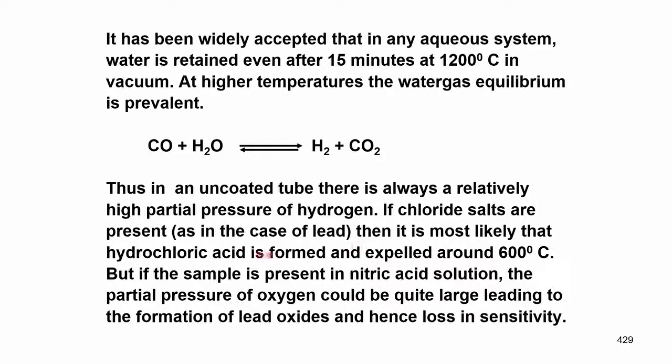Then it is most likely that HCl is formed, because whenever lead chloride decomposes into lead, chlorine gas is released, and chlorine will react with the hydrogen formed by this reaction inside the graphite tube, and hydrochloric acid forms. Hydrochloric acid usually attacks the graphite tube. So, it cracks easily.